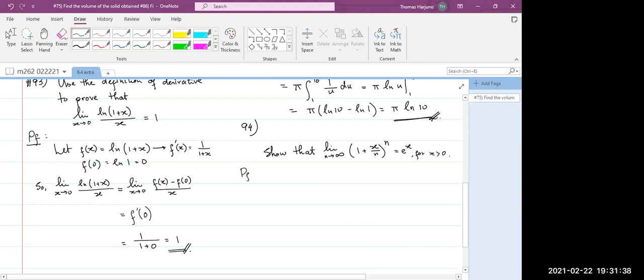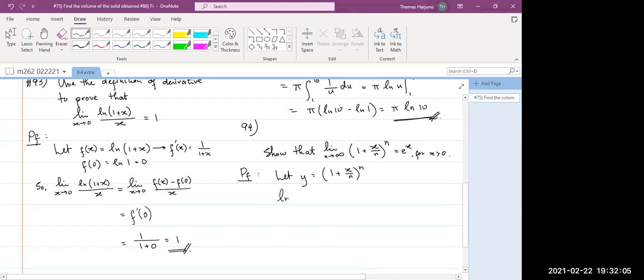Proof. Let y equal (1 plus x over n) to the n. Now, the idea is I will apply natural log first, and then from there I will apply the limit.